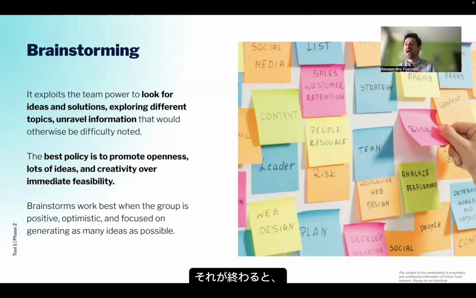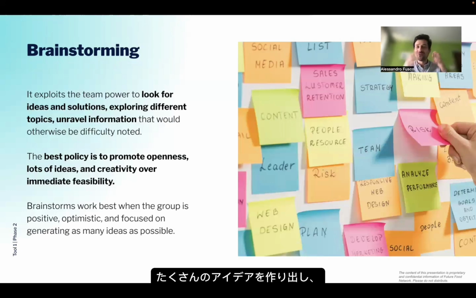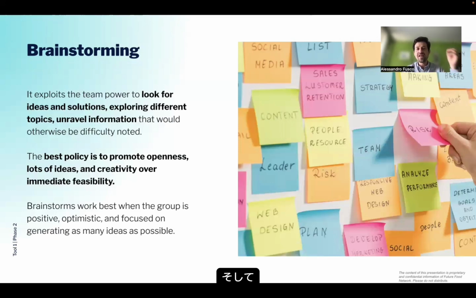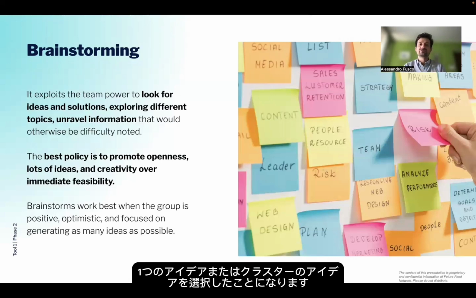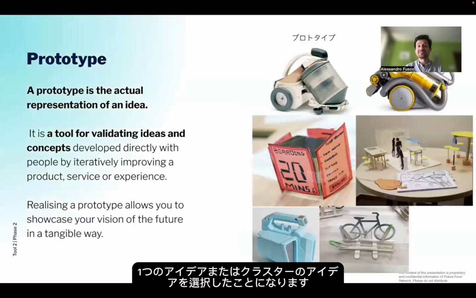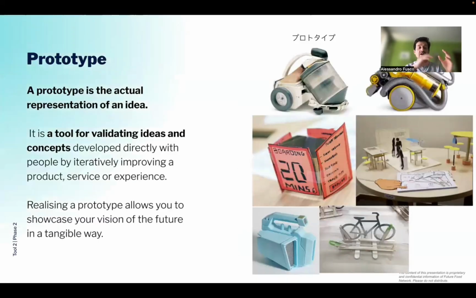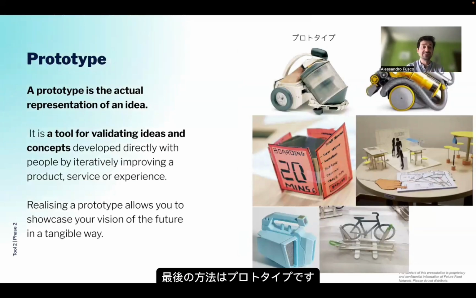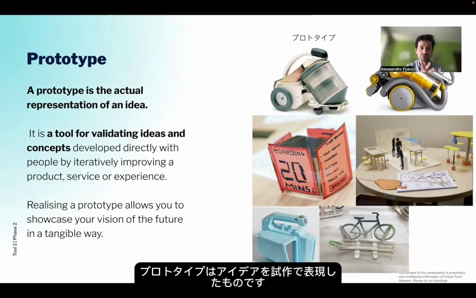After you have created tons of ideas, and you have clusterized these ideas, and you have chosen one idea or cluster of ideas, the last method of this phase is prototyping.